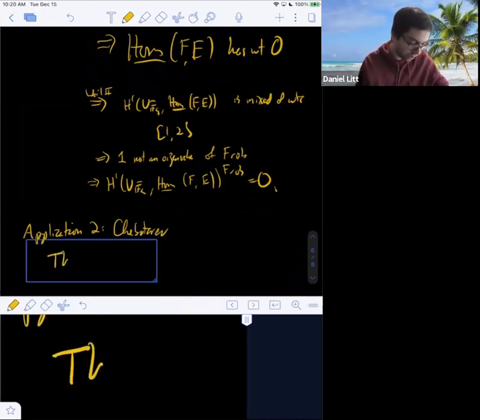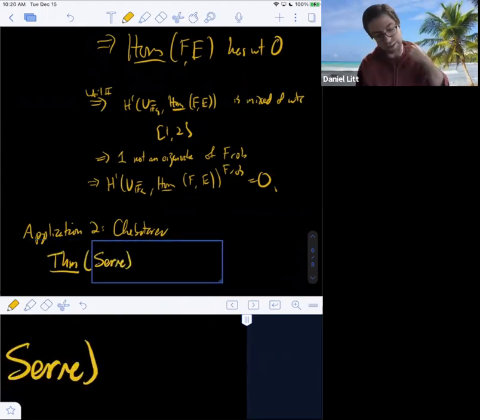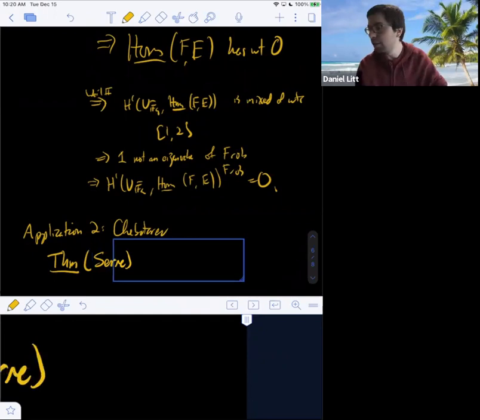Okay, so here's the theorem. I think this was maybe observed by Serre. Serre, I think, did this just using the Lang-Weil estimates. If you're very careful, we'll see that one gets much better error terms using the Weil conjectures, so I consider this an application.